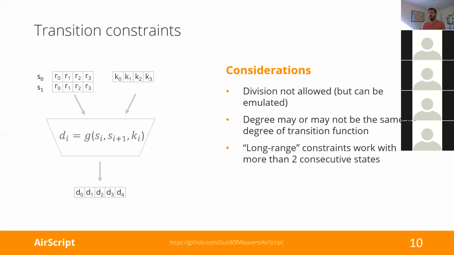It's actually only 3, where the degree of the transition function is close to the magnitude of the modulus of the field. As Justin said before, the transition constraints are the ones you really care about. The degree of the transition function doesn't really matter that much. The degree of the transition constraints matters a lot. And again, this doesn't address the long-range constraints where you can work over more than just 2 consecutive states.